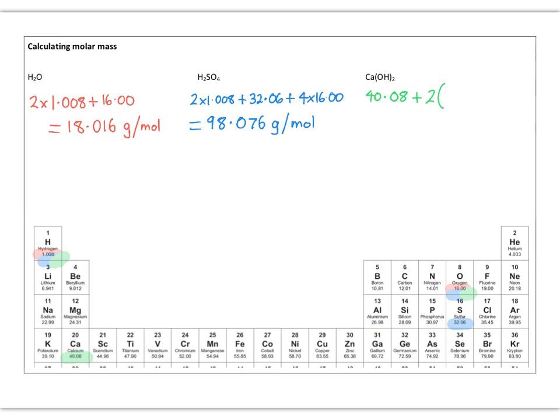So 2 times, what is hydrogen? 1.008 plus oxygen, 16.00. And we can plug that into our calculator and we will get 74.096 grams per mole. So that is calculating molar mass or relative atomic mass.